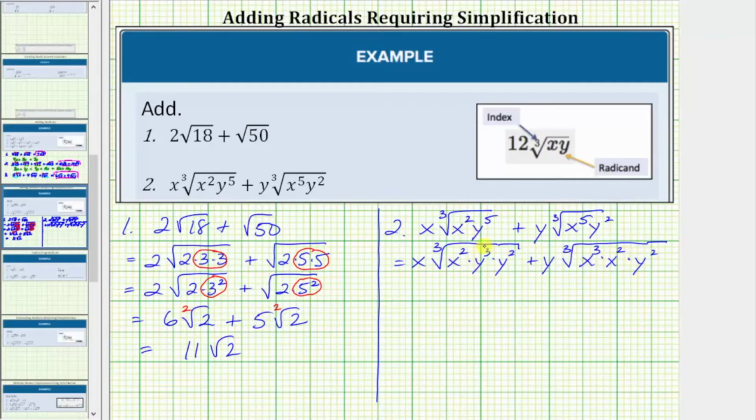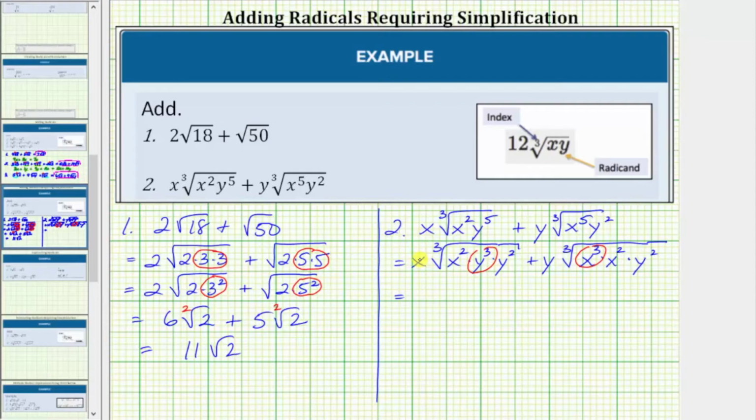Again, because we're looking for perfect cube factors, let's go ahead and circle the perfect cubes under the radicals. So y cubed is a perfect cube, and so is x cubed. And now let's simplify. The cube root of y cubed is equal to 1 factor of y.